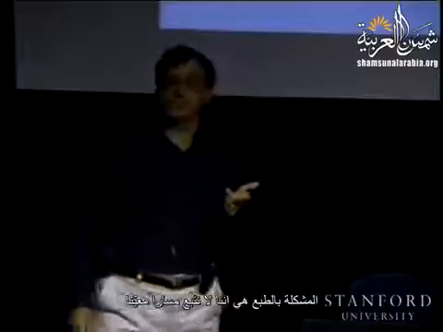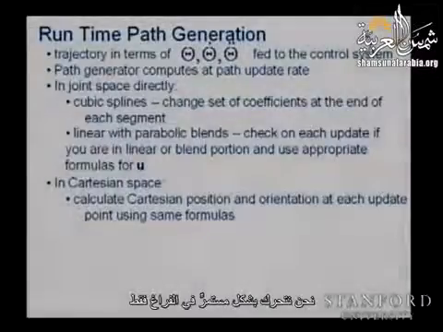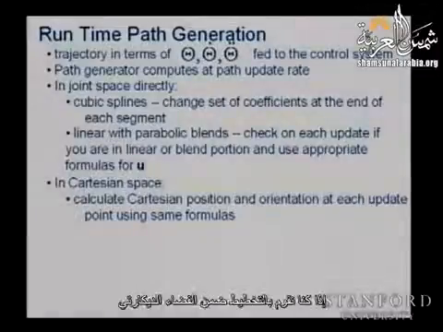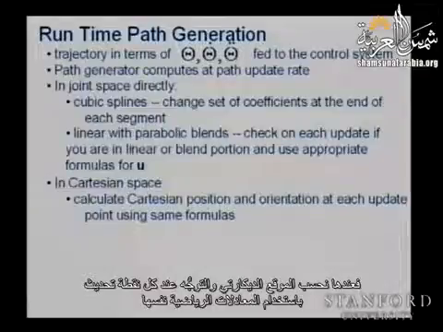The problem, of course, is that we're not following a particular trajectory. We're just moving continuously in the space. If we're doing the planning in Cartesian space, then we calculate the Cartesian position and orientation at each update point using these same formulas.